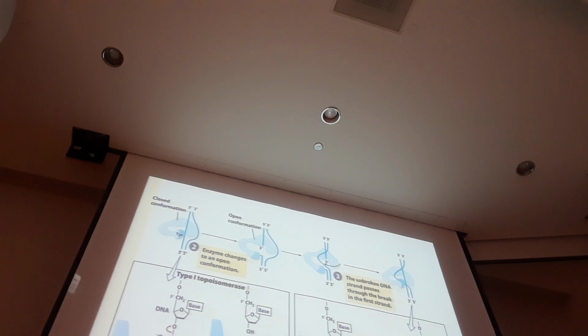So we have successfully cleaved the DNA molecule, and then we have a religation when this end attacks this phosphorus again, and we ligate the strand again. Okay, so, tyrosine residue.